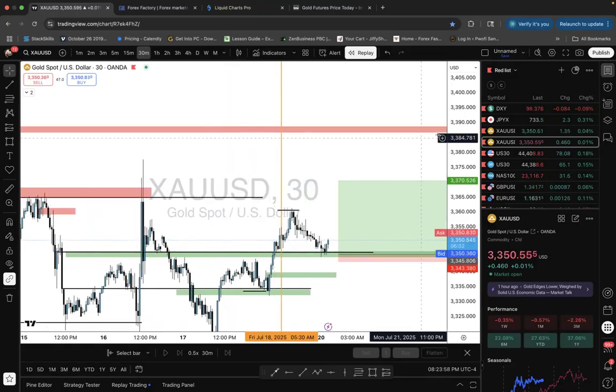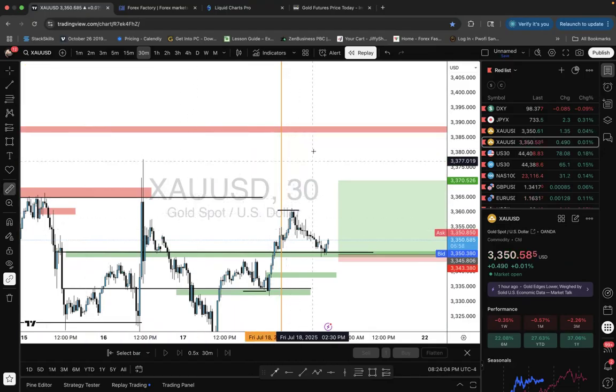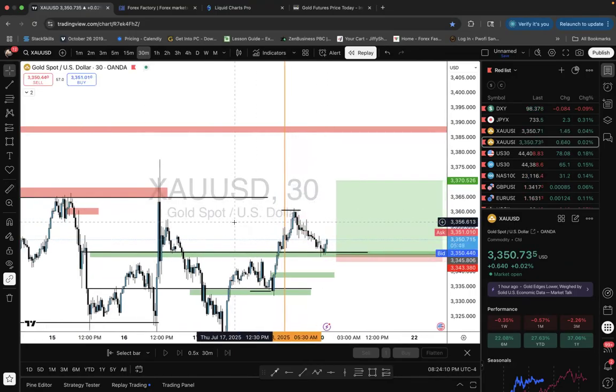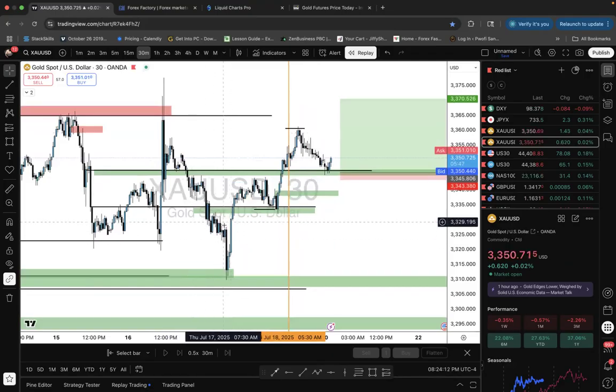For gold, that is. So I also got to be mindful of that, especially if I'm looking for continuations and then they pull back and now I got to be in drawdown. Which is why you'll see pre-New York sells and then New York buys.